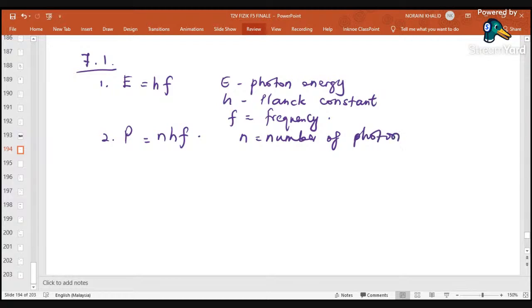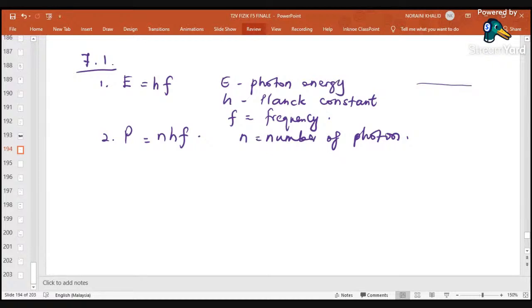In Form 4, you have studied about light, which is in form of continuous spectrum. So in this topic, quantum, it produces quantum theory of light. It states that light actually is not continuous. It travels in form of packets of energy. That's why we can count how many photons, number of photons. It's a packet of energy.